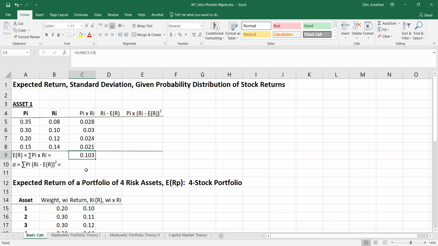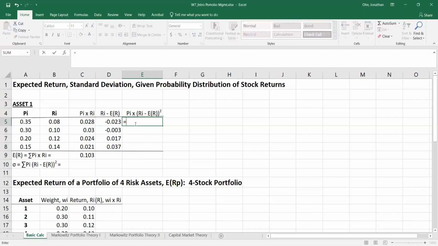10.3% is our expected return there. And then standard deviation, I think you know the formula. That is R_i minus 0.103, let's put it there, and then copy and paste. Now you have to get the squared deviation times the probability.